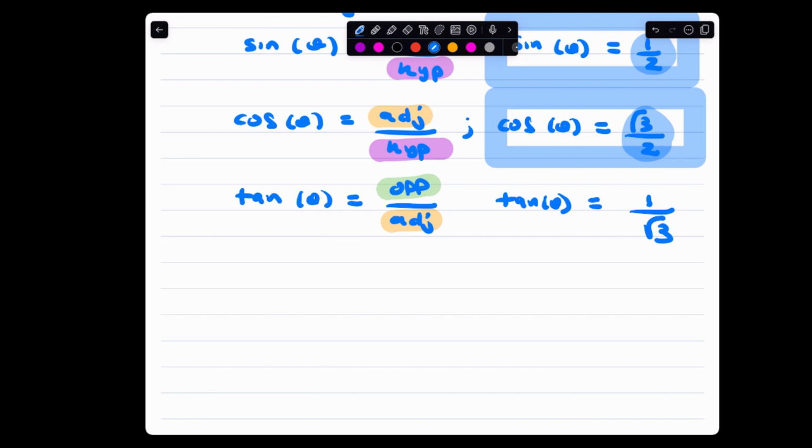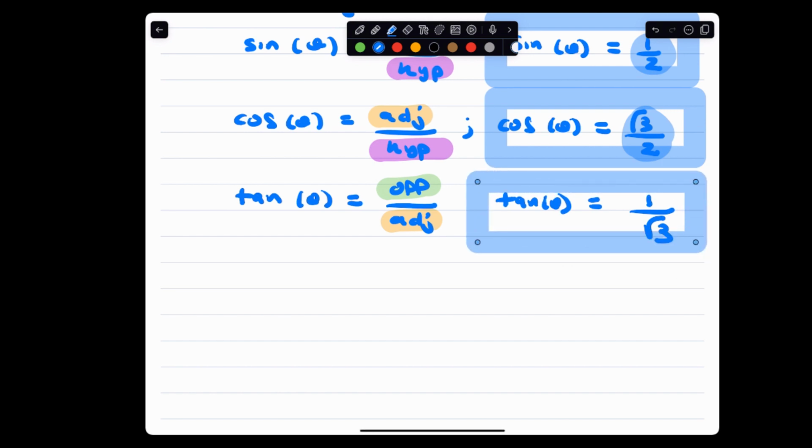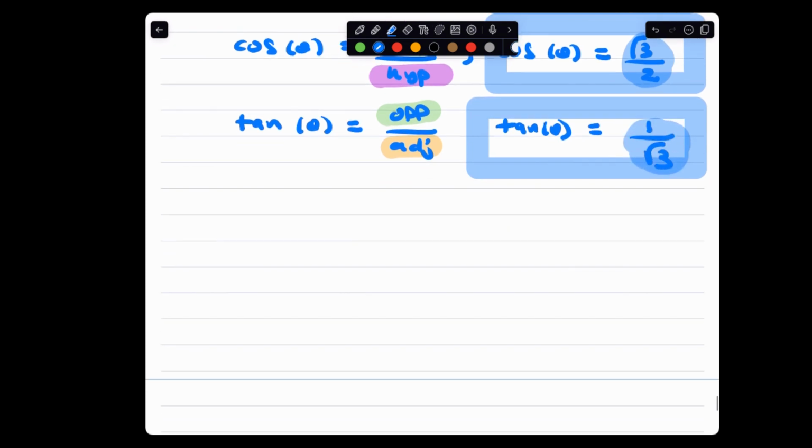Okay, ladies and gentlemen, here's the story. What you might want to consider here is you might say, okay, Mr. Judge, I got 1 over the square root of 3. What do you guys notice about that denominator? Does anybody notice anything?